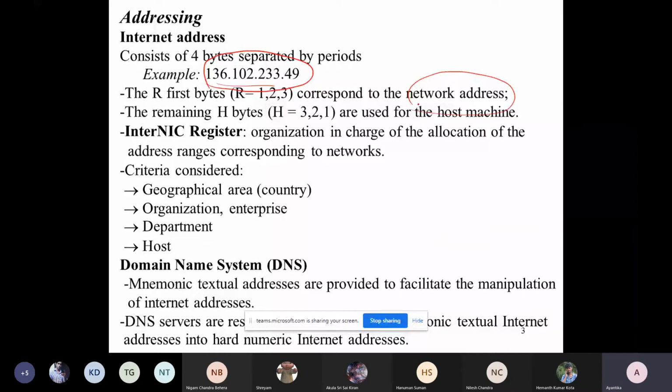That is the concept of addressing. Addressing is important to identify any component in your network. Then the domain name system is a general requirement of the internet system.